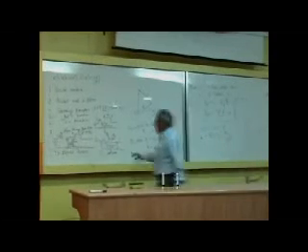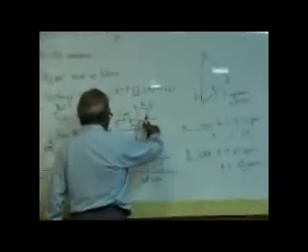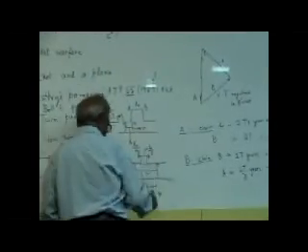Now I can calculate Vs prime. Today only we did that: addition of velocities. Vs prime is the velocity in this frame, Vs is the velocity in this frame, so I know the relation between these two. I have already written that.